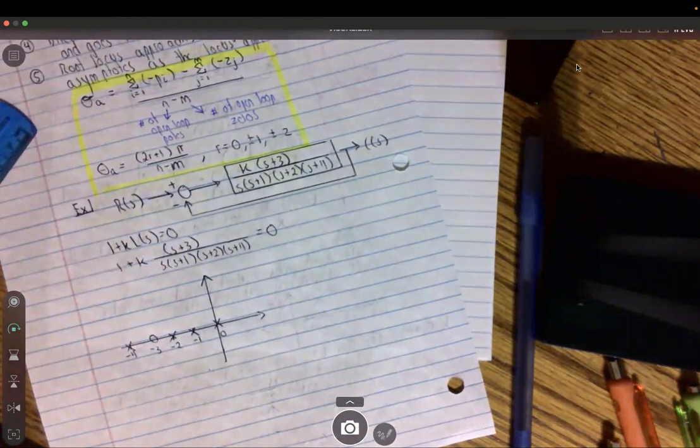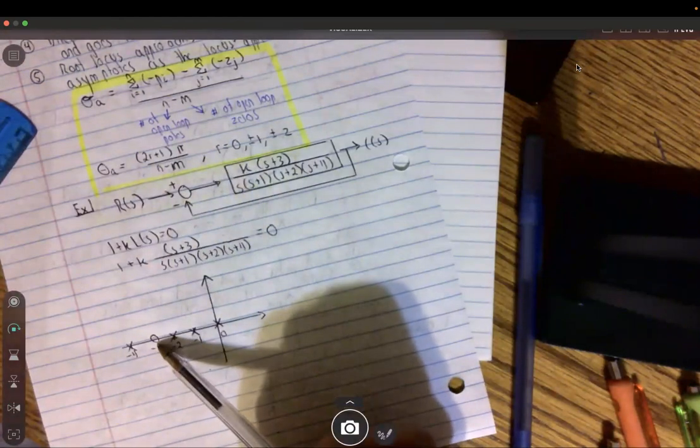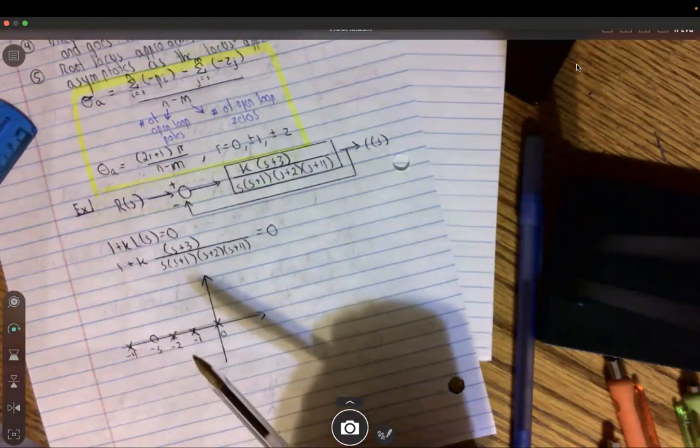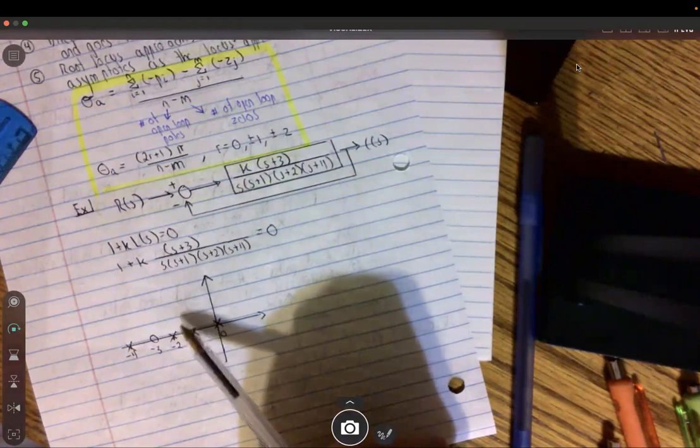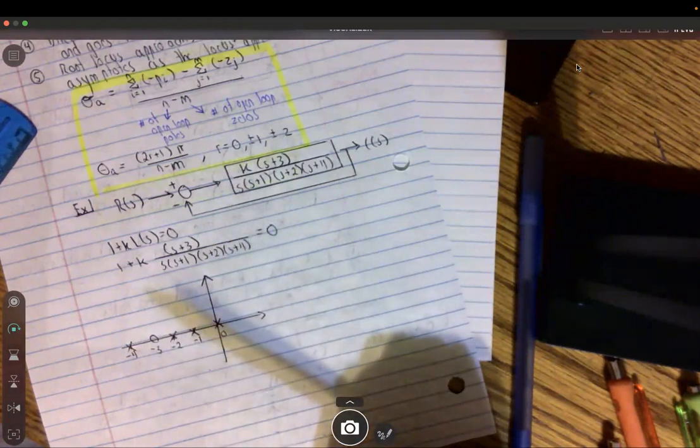And now we're going to have to determine our asymptotes and our angle of asymptotes, because notice there's only one zero here, but we have 4 poles. And so some of these are going to have to go to infinity, because only one will end up at the zero for our root locus path.